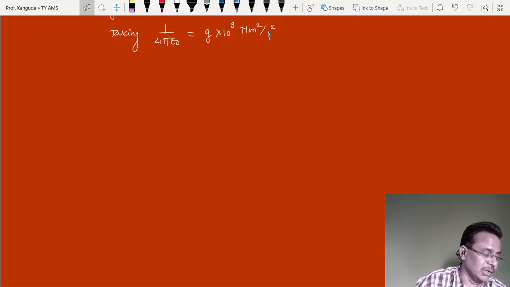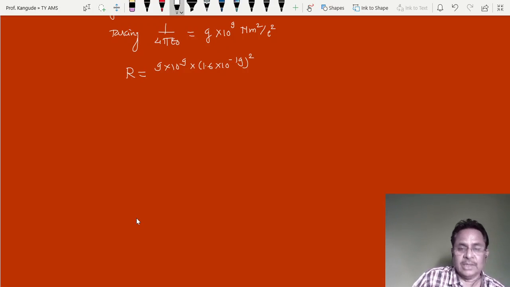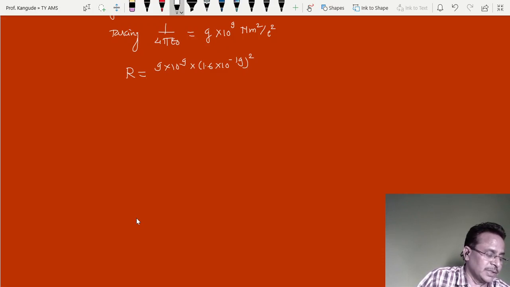Now replace all these numbers and get this R. So his estimate for this type of R is equal to, he found out this to be 9 into 10 raised to 9 into 1.6 into 10 raised to minus 19 coulombs, this is squared. So the charge of the electron, plus E, minus E, whatever.